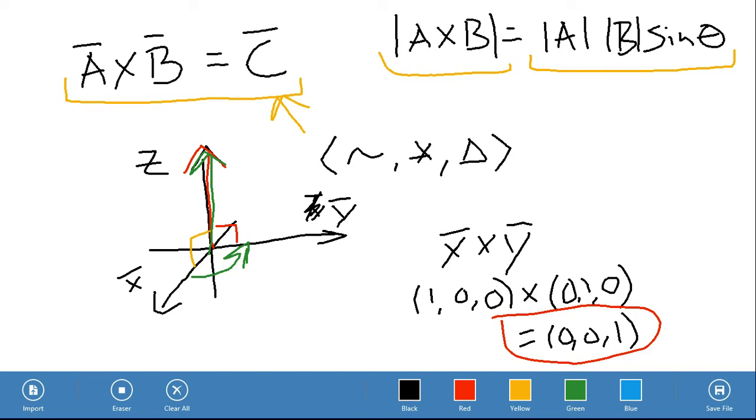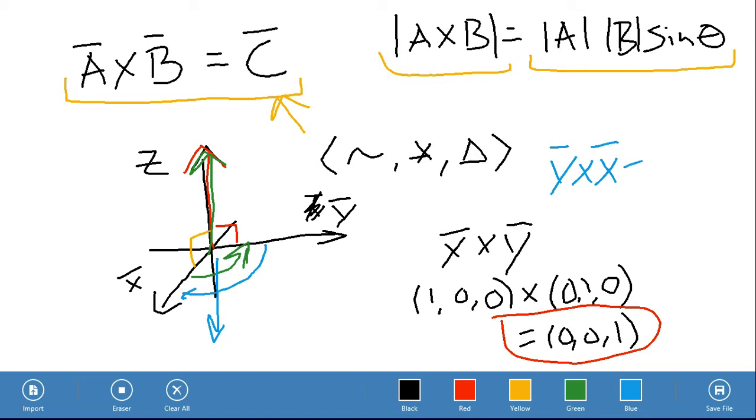And similarly, if you were to consider y cross x instead, using the right-hand rule, you're going to have to flip your hand upside down, and you're going to curl your fingers from y to x now. You'll see that it actually points downwards, so its direction is the same but opposite.